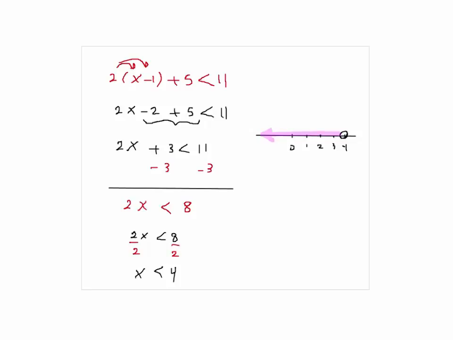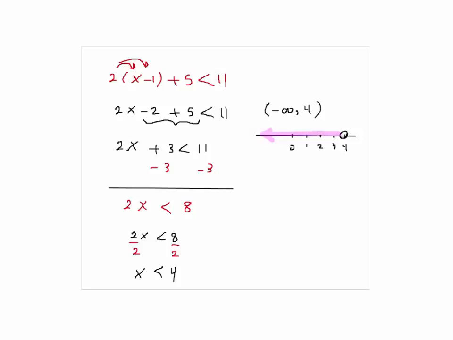Okay. Interval notation would be, if I use a parenthesis, all the numbers from negative infinity, comma 4, and we use a parenthesis because the endpoints are not included. When the endpoints are not included, you use parentheses.